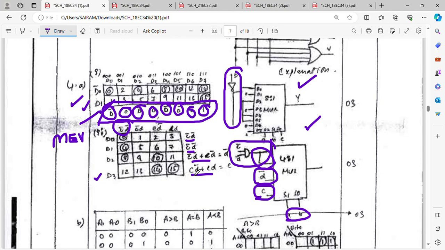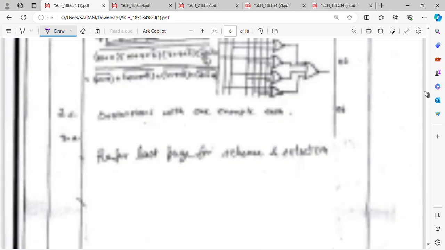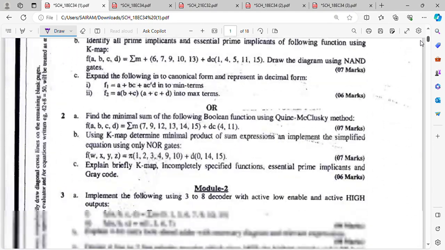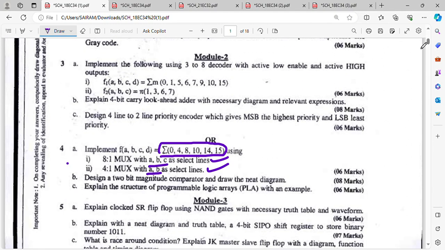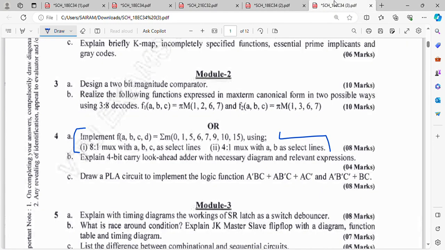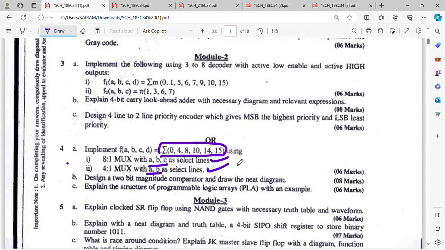I hope it is the same problem, let me check. 0, 4, 8, 10, 14, 15. Not the same problem, the numbers have changed, but the same methodology.